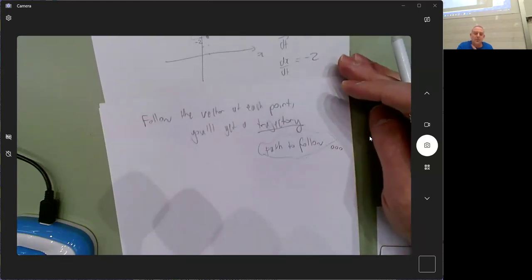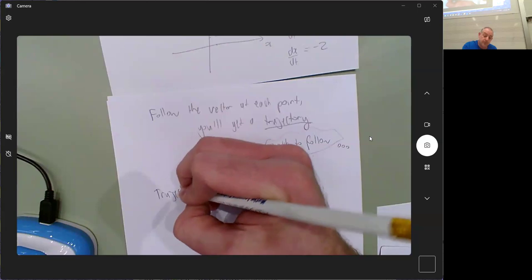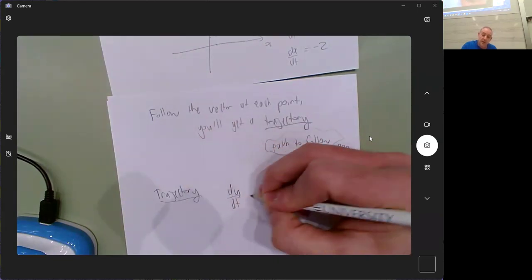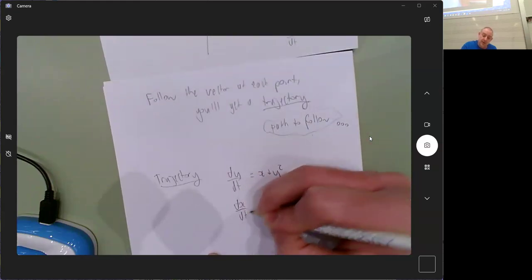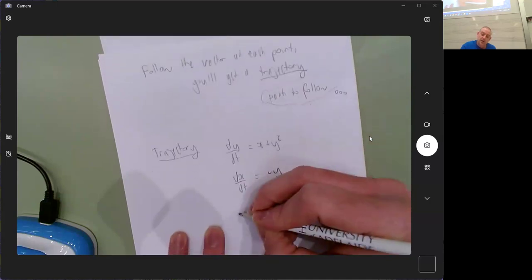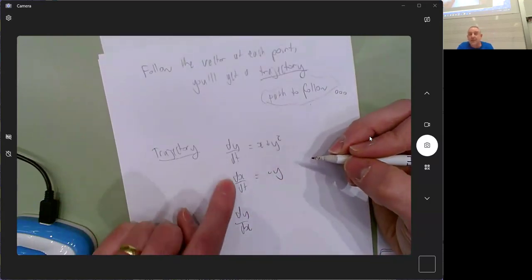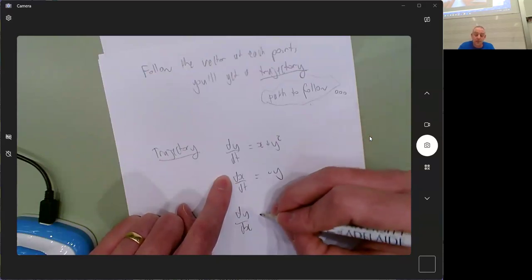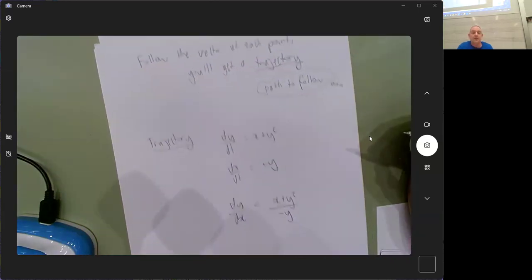The first thing I'm going to do is not nullclines, but just trajectories, and then I'll get to the nullclines in a second. In this case, we've got dy on dt is x plus y squared, and dx on dt is minus y, which means that dy on dx, which is dy on dt divided by dx on dt because the dt's cancel, is this.